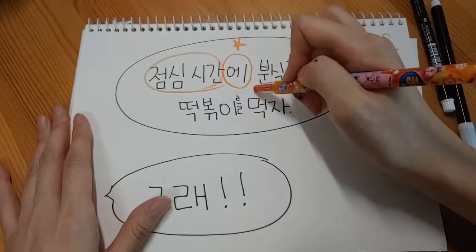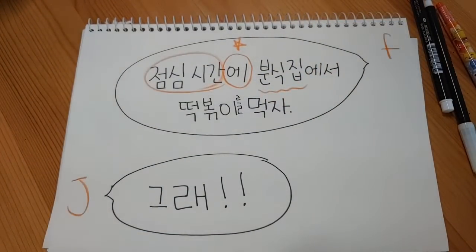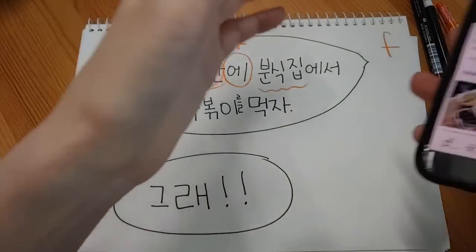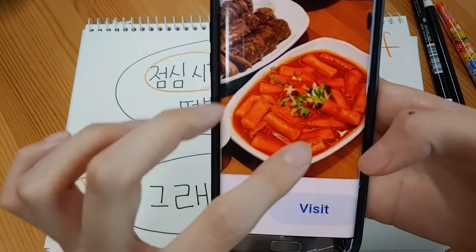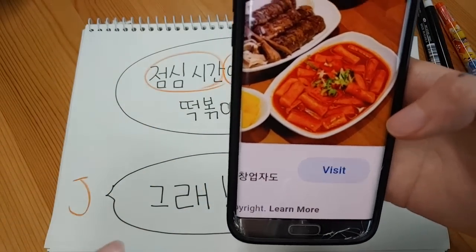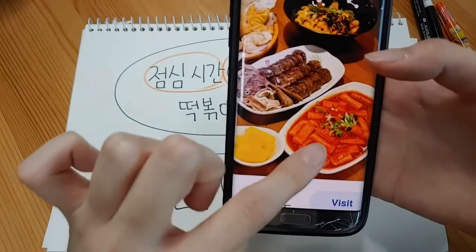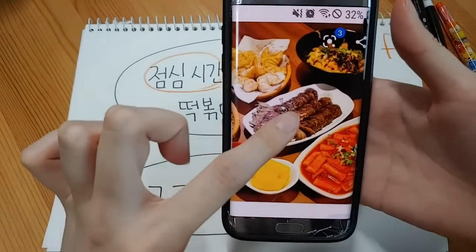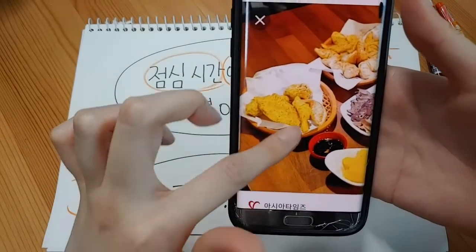분식집에서. 분식집. I am not sure how many of you have heard of 분식집, but have you heard of 떡볶이? So I brought a picture here. So 떡볶이 is something that looks like this. It's called spicy rice cake in English. So 분식집 is a place where they sell mainly 떡볶이 and things like sundae, bibimbap, I don't know what this is, 튀김, stuff like that.